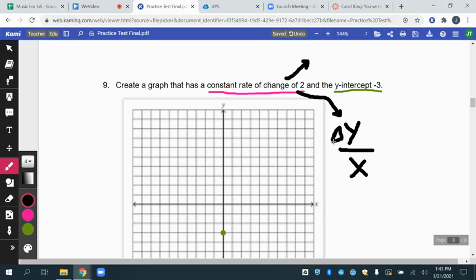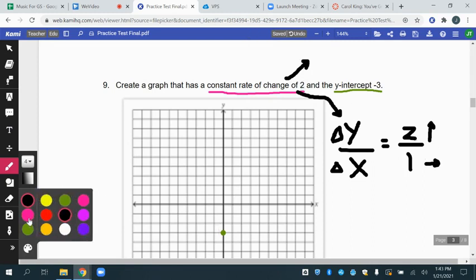That's what this triangle means. Compared to how much it changes on x. That's what this triangle means. So 2 means 2 over 1. Which means it's going to go 2 up for every 1 that it goes to the right. So the number 2 means 2 up for every 1 it goes to the right.